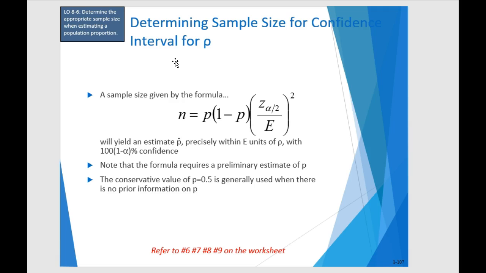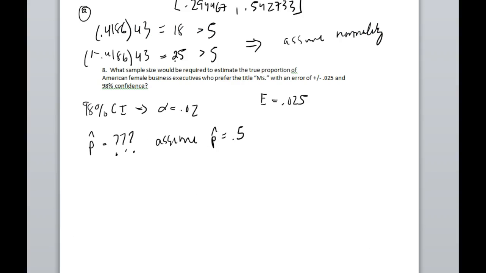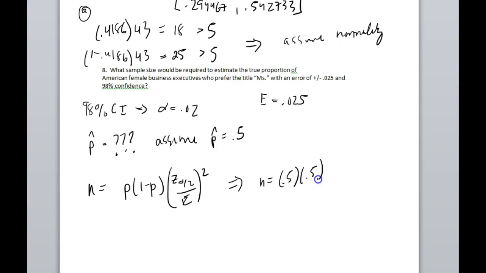Okay, so n equals p times 1 minus p times z alpha half over E, squared. All right, and that is going to imply n equals 0.5 times 0.5.